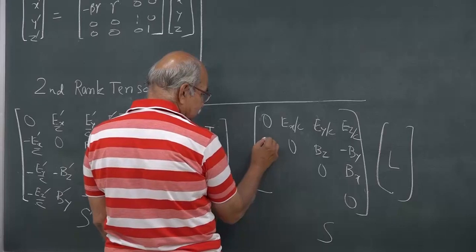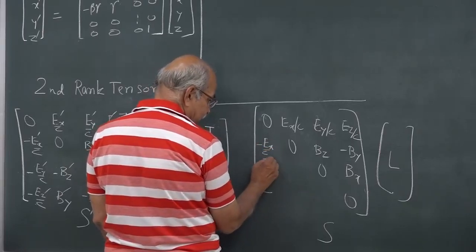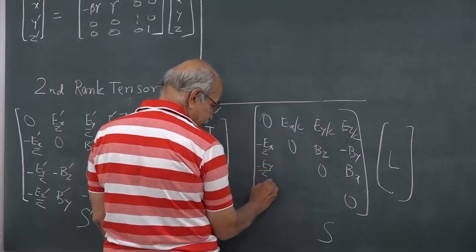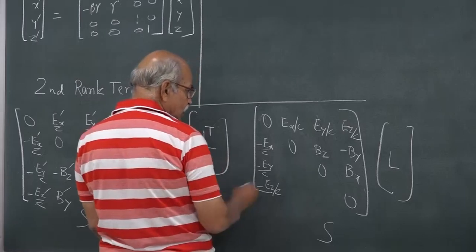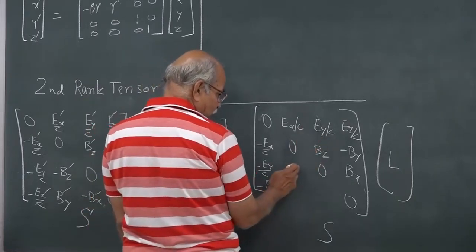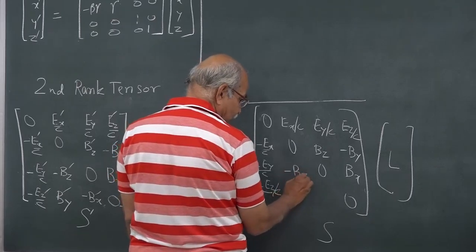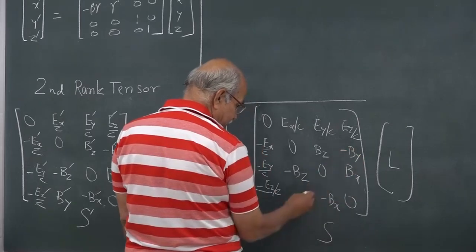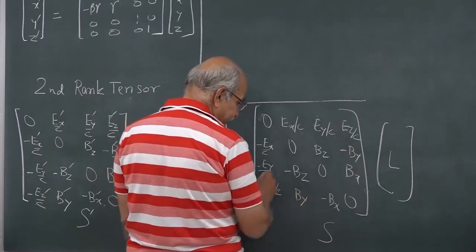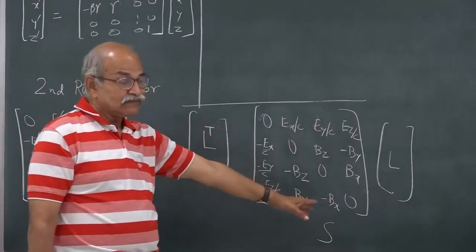So, minus Ex by C, minus Ey by C, and minus Ez by C, and reflect. So, this component here is Bz, so it is minus Bz here. This is Bx, so it is minus Bx here. It is minus By, so it is plus By here. So, these are the components in S frame.